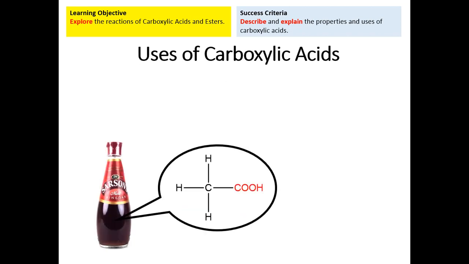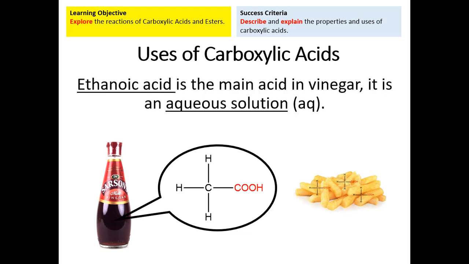So you probably didn't know this, but ethanoic acid, which is the most common carboxylic acid that we might encounter, is actually the acid that's in vinegar. So you are technically putting ethanoic acid on your chips. Now some people call it acetic acid. That's just the general name.